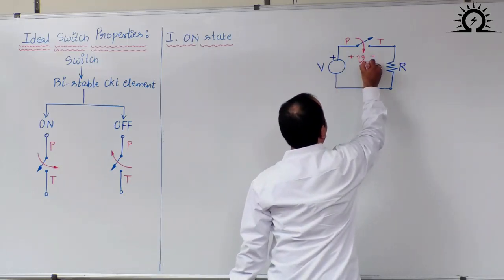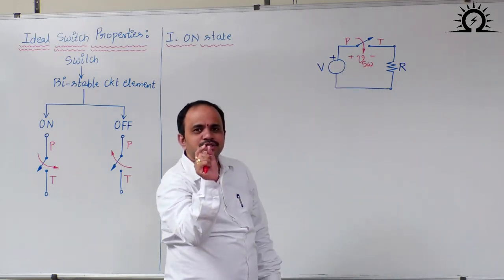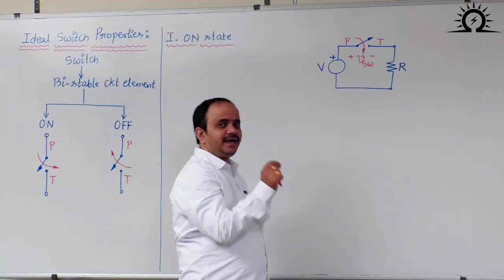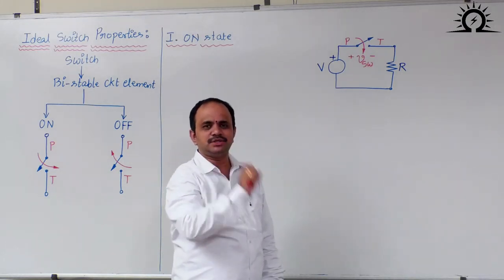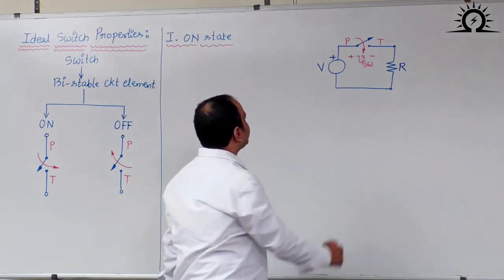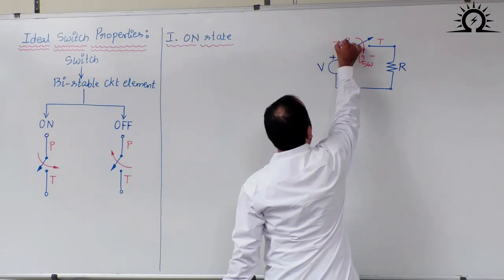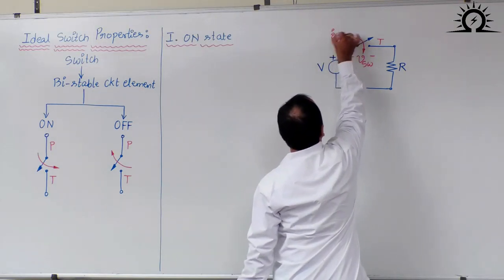Therefore, what is the potential difference between those two terminals? You can represent it with VSW, the voltage across the switch. As P and T both are at the same potential, the voltage across the two terminals will be 0. Potential difference is 0. And what is the current flowing through the switch?